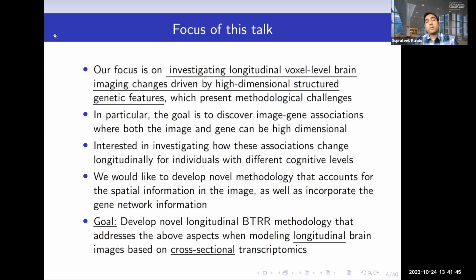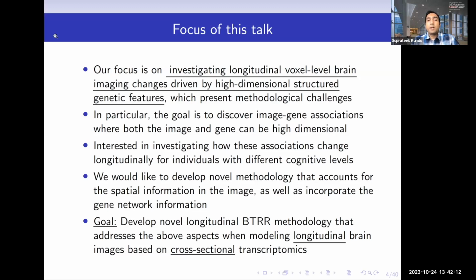In particular, our goal is to discover image-gene associations, where both the image and the gene can be high dimensional. This presents an additional layer of challenge, because not only are these images really high dimensional, but now we want to regress these images on high dimensional genes. That really blows up the number of parameters in the model.